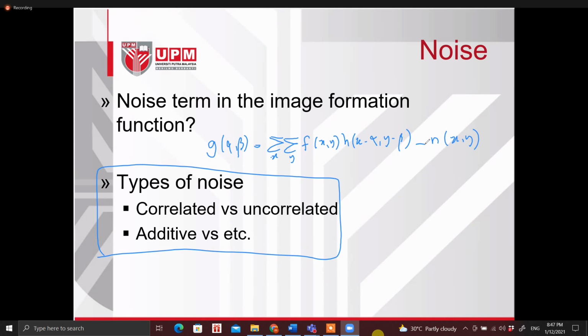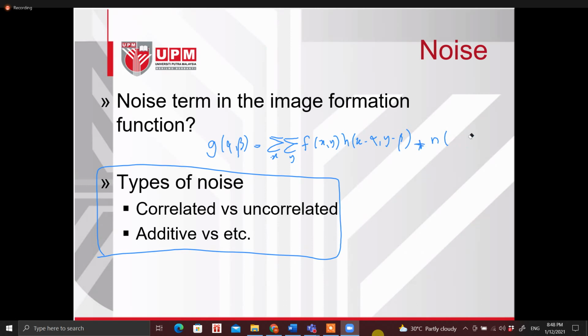But in our assumption for digital image processing, we always consider noise as additive noise. So that is additive, multiplication, division, and so on. What does correlated noise mean? Let's maintain this as additive noise.